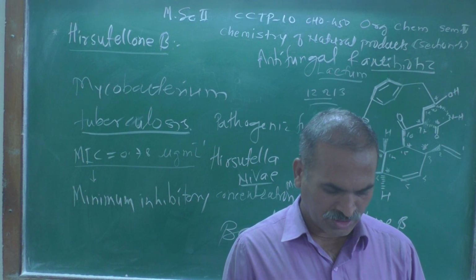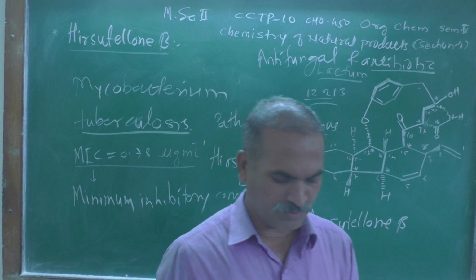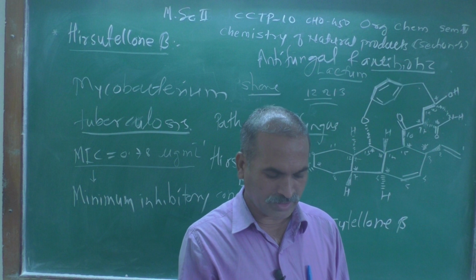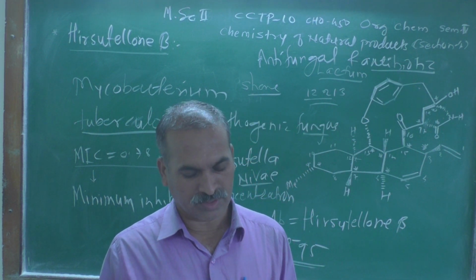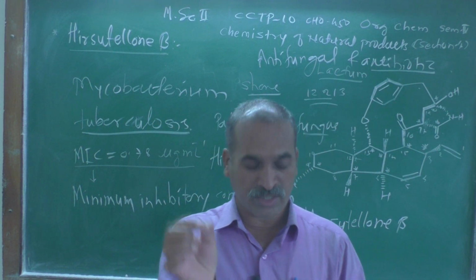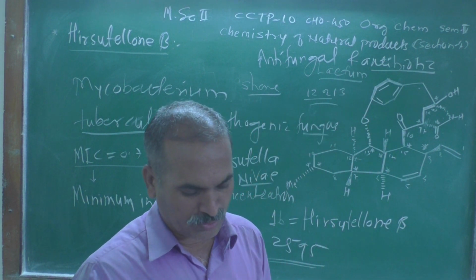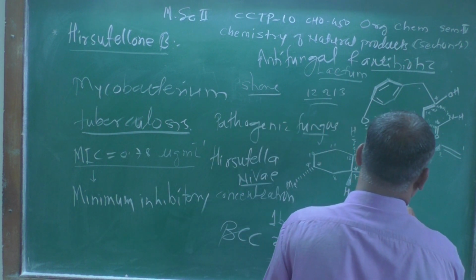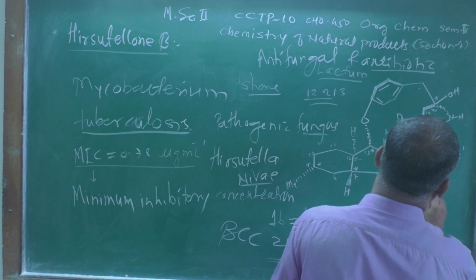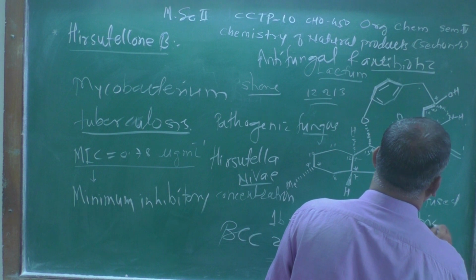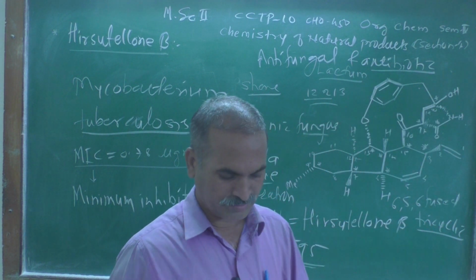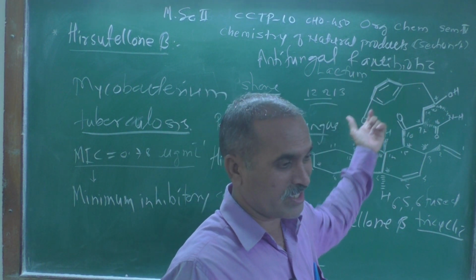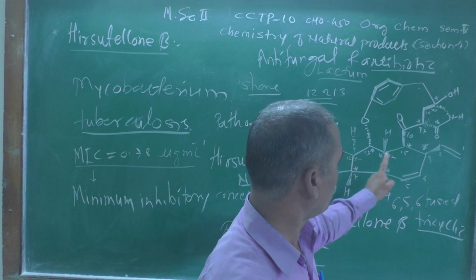The hirsutolones share a number of unique structural features, including a 6-5-6 fused tricyclic core.